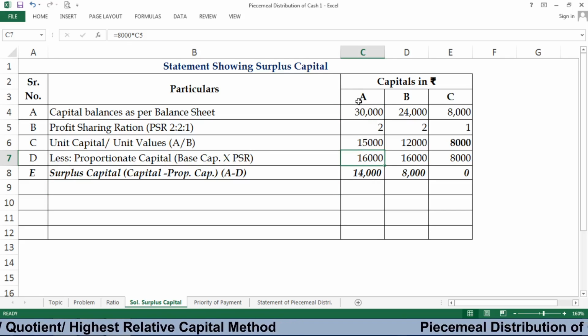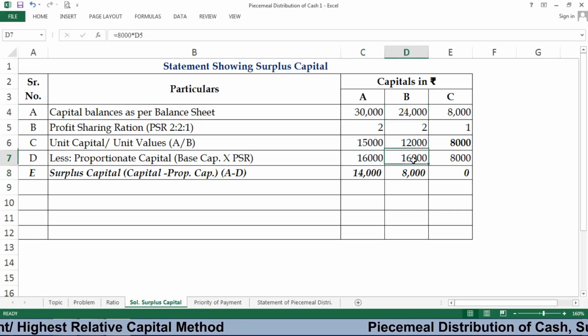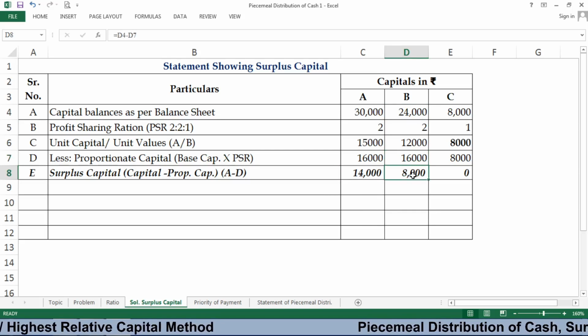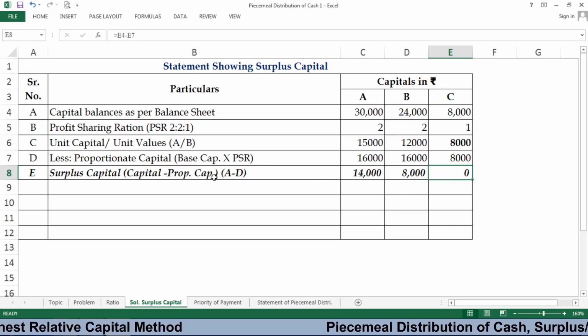It is in the case of Mr. A. So 30,000 minus 16,000 we can calculate by using a calculator. It comes to 14,000. And 24,000 minus 16,000, it comes to 8,000. And 8,000 minus 8,000, the balance is nil. So in this way we can calculate the surplus capital.